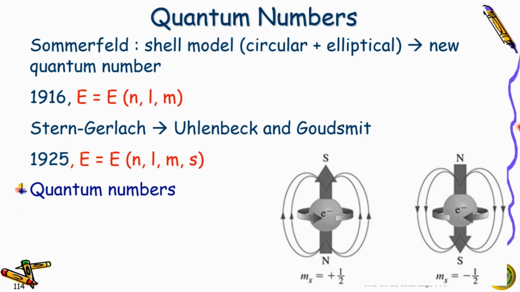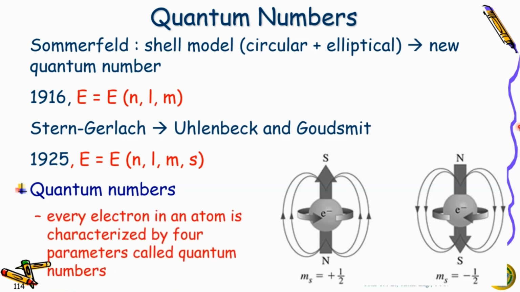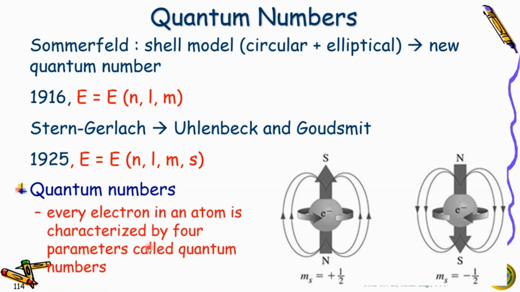The quantum number is the fingerprint of the electron. So every electron in the atom is characterized by 4 parameters called quantum numbers. There are 4 quantum numbers, and the combination is different for each electron.